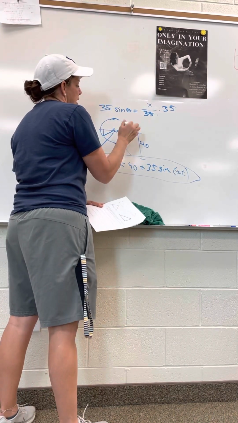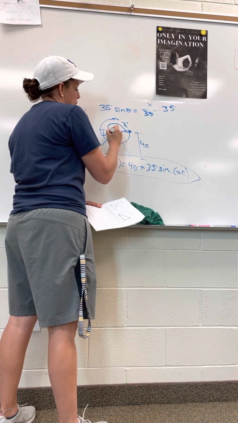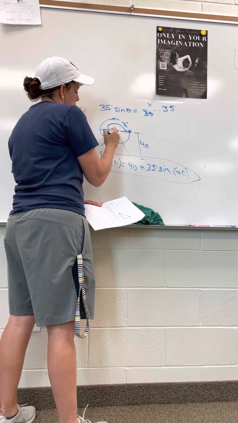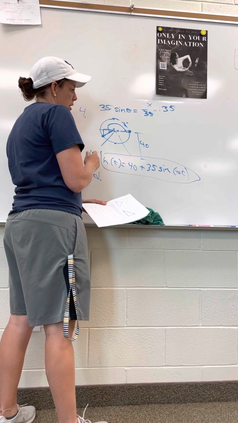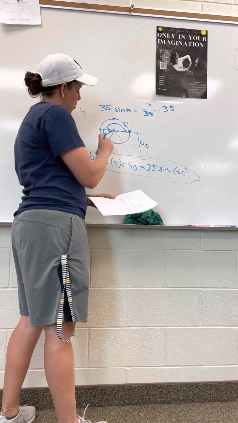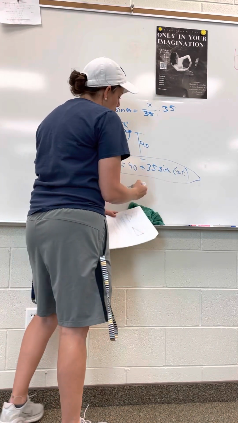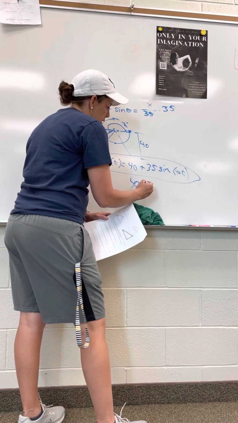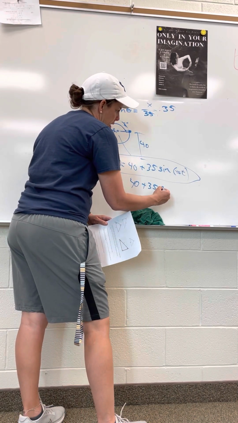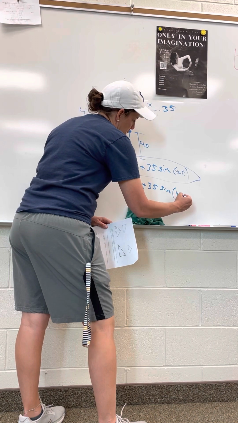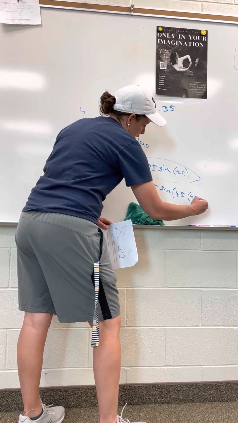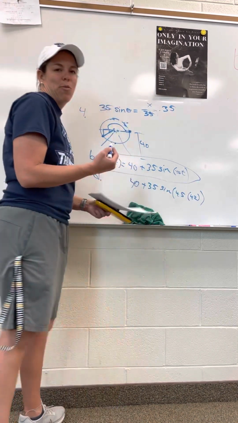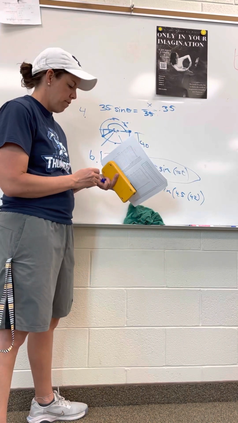So at 42 seconds, you're going to rotate probably about there. And so there you are. So you can just plug 189 in there, or you can say 40 plus 35 sine 4.5 times 42. So it doesn't matter if you put in t exactly or just put in 189.